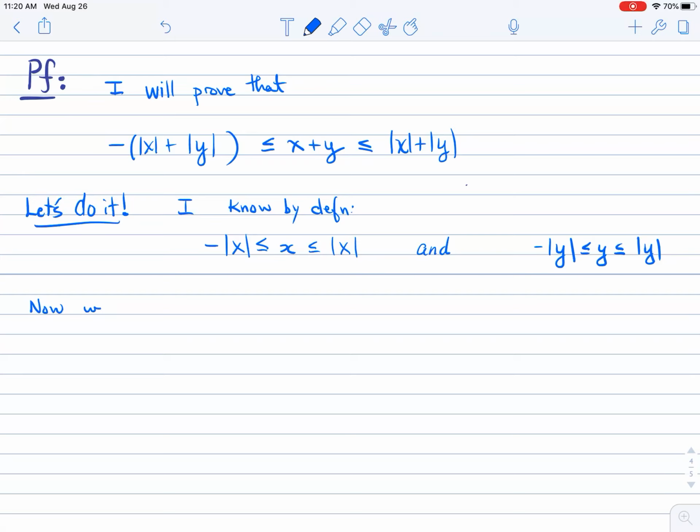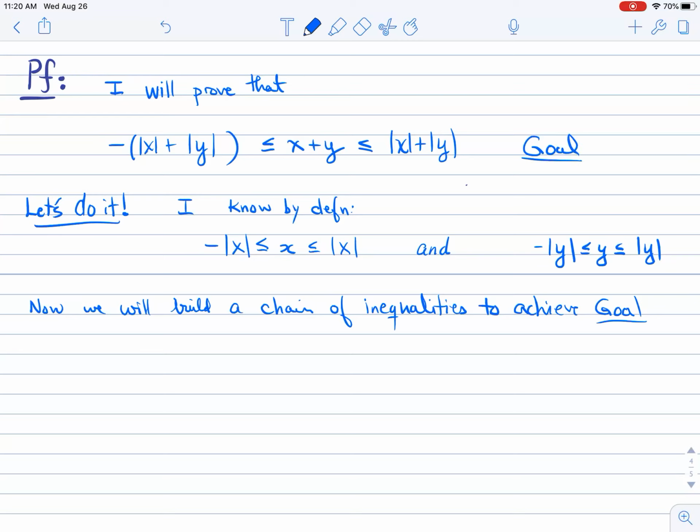And so now we will build a chain of inequalities to achieve our goal. And so I'll write goal up here to remind us where we're going.